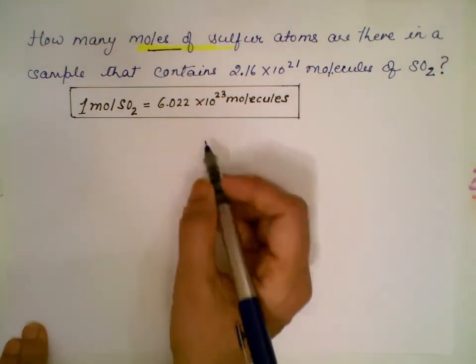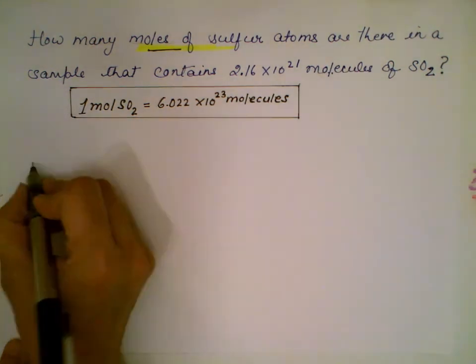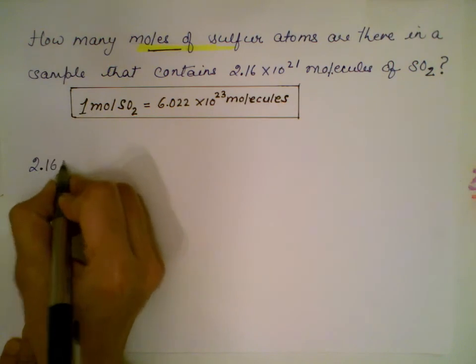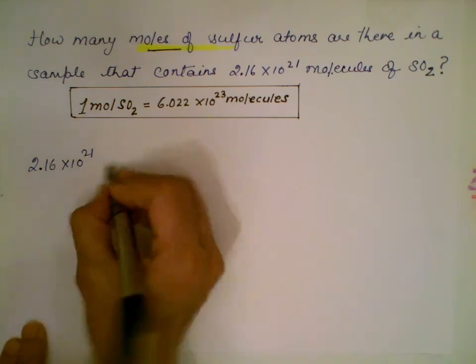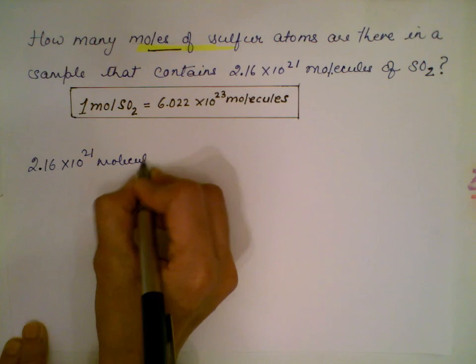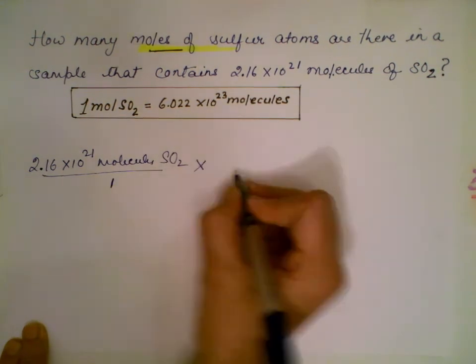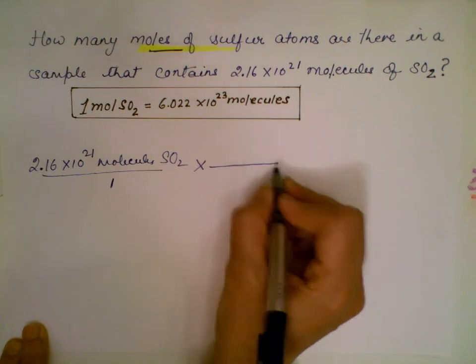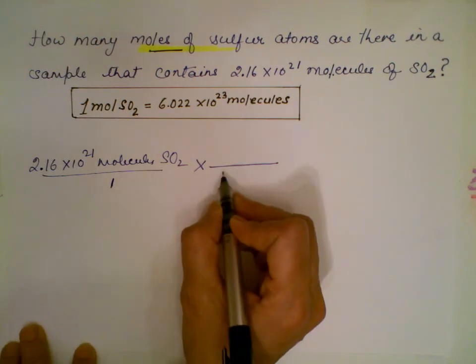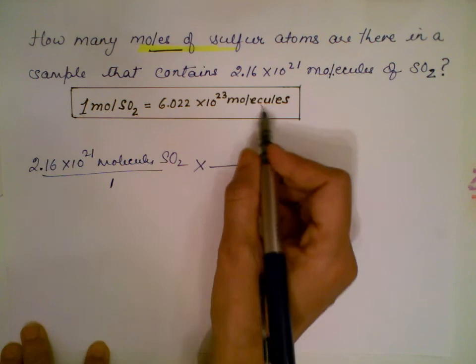So we're going to start out with the given, which is 2.16 times 10 to the power 21 molecules sulfur dioxide over 1. Now let me set it up. At the bottom, what do I not want? I don't want the molecules.